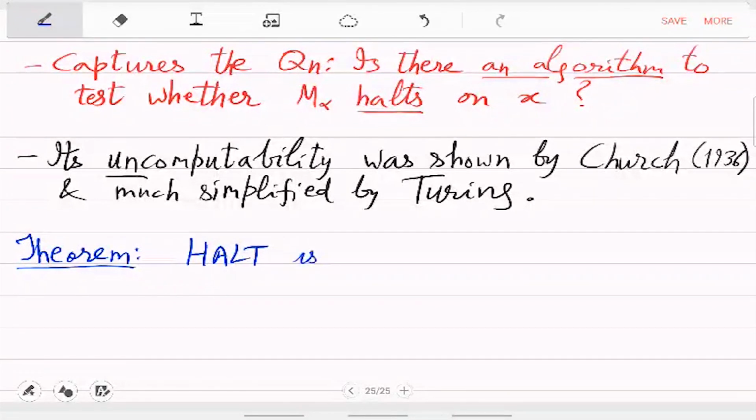So, halt is not computable. Proof. So, suppose it is decidable by a Turing machine M0.